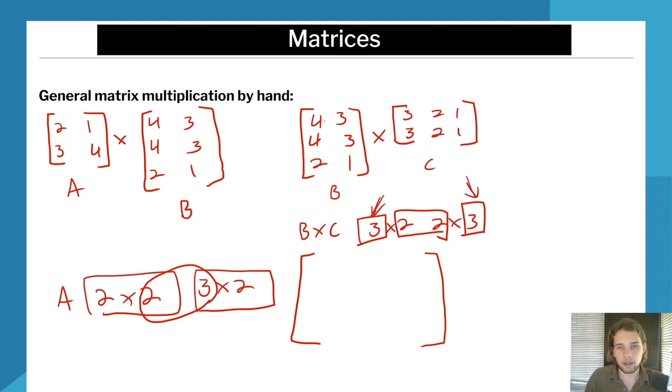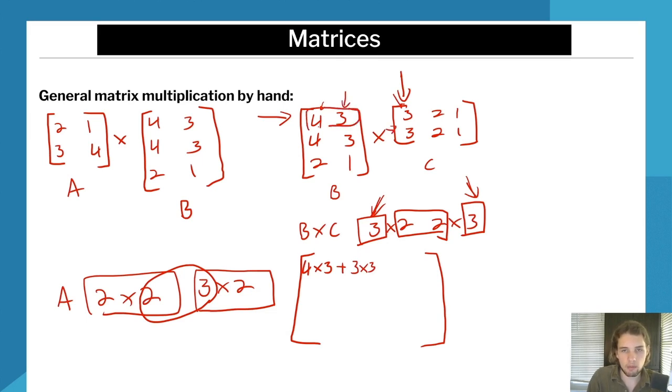So let's look at how we actually multiply these. We know that this is 3 by 3. We want to find what is in the first row and the first column. How we find that is we multiply the first row of B by the first column of C. So we do 4 times 3, that's this 4 times this 3, plus 3 times 3, that's this 3 times this 3.